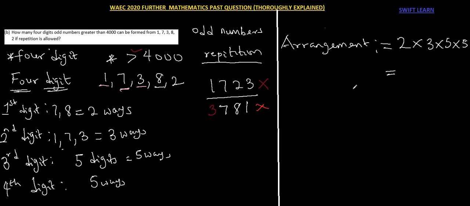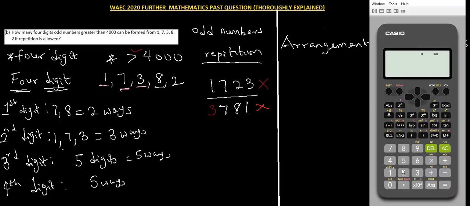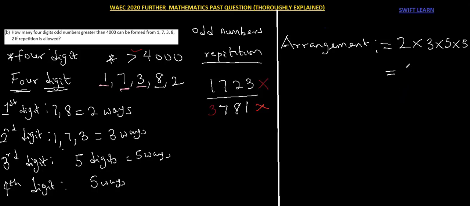If you use a calculator, that's equal to 150. So we have 150 ways.